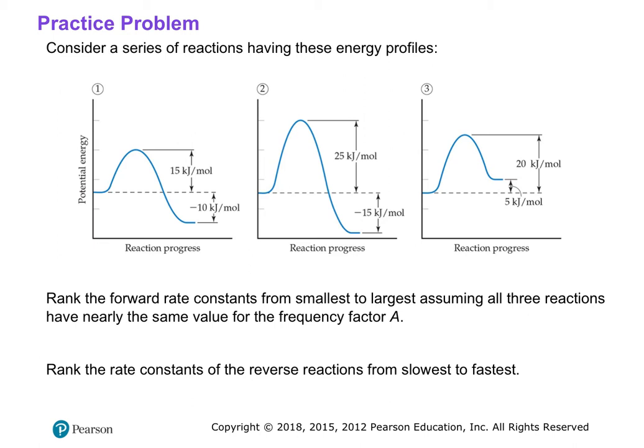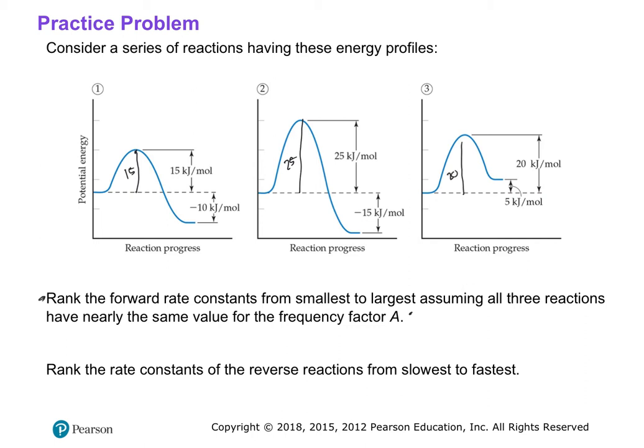And we want to rank the forward rate constants from smallest to largest, assuming they have the same value for the frequency factor, which we'll talk about soon. So what we want to do is think about who's going to move faster. For my forward direction, I have an activation energy of 15 kilojoules per mole here, 25 here, and 20 here.